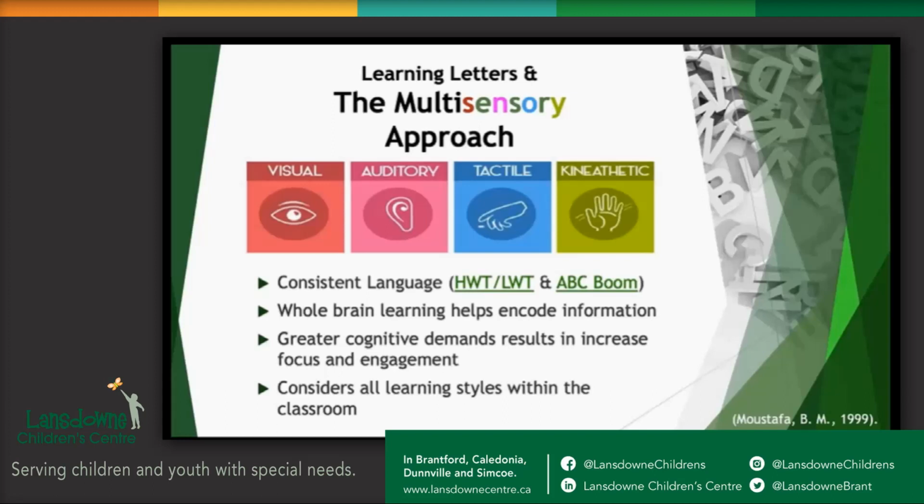And lastly, multisensory learning ensures that each child, regardless of what learning type they are, whether they're a visual learner, it provides every learner with a means of understanding the information that's presented in the classroom. So this is really the gold standard that we see in our practice.